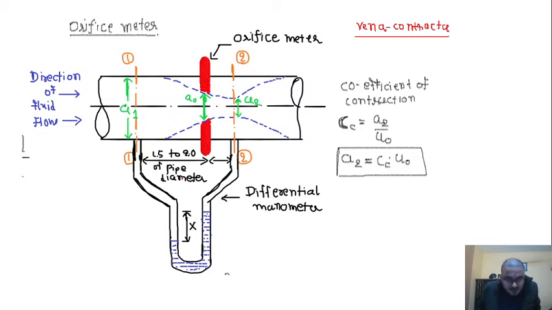Section 1 is taken at 1.5 to 2 times of the pipe diameter, and section 2 is taken at 0.5 times of the orifice diameter, that is section 2 over here, and these two sections are connected with a differential manometer as shown in this figure, and this is the direction of fluid flow from left to right.